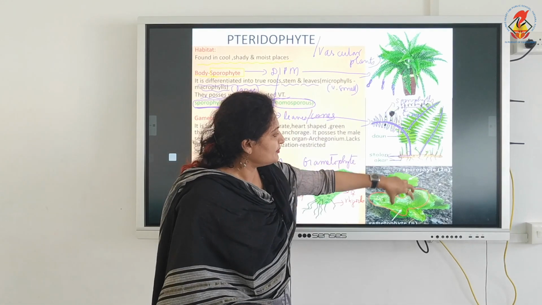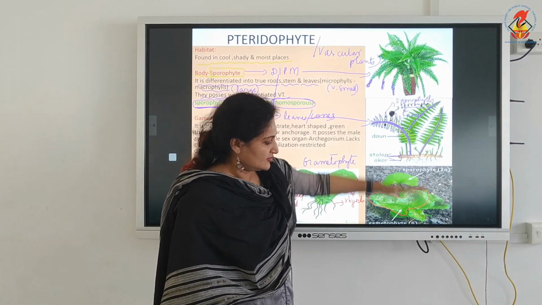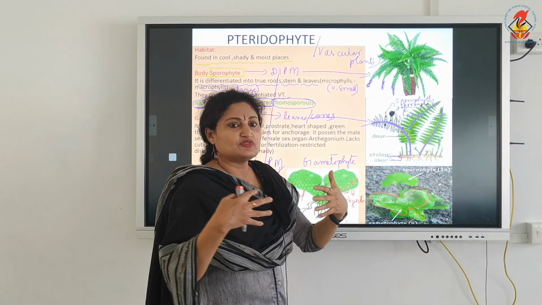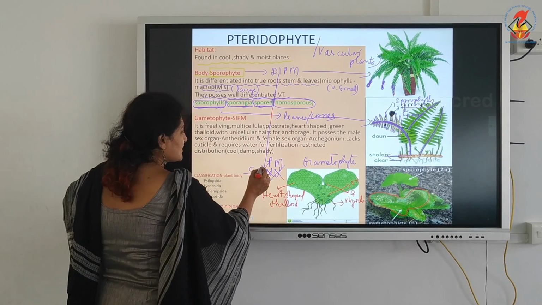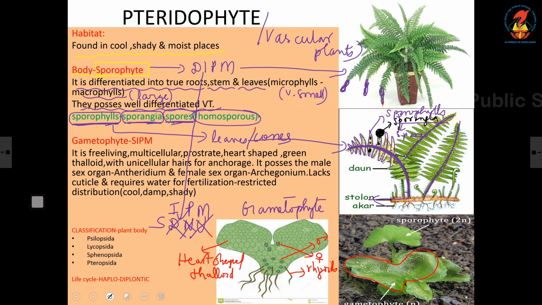So, here you can see in the forest, if there is a sporophyte in the very close vicinity you can see the gametophyte, and nowhere is there any physical association of the gametophyte with the sporophyte. So again I am cutting off this. It is independent, but it is short lived. Only this is correct. So here you can see it deviates from the normal. Only the gametophyte is short lived.